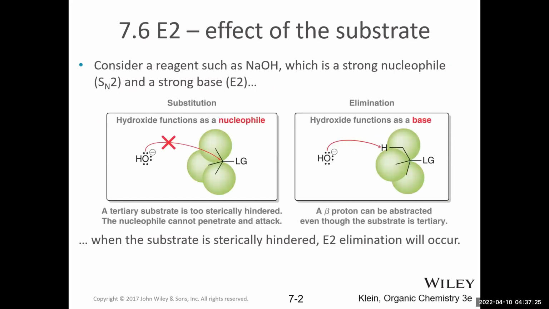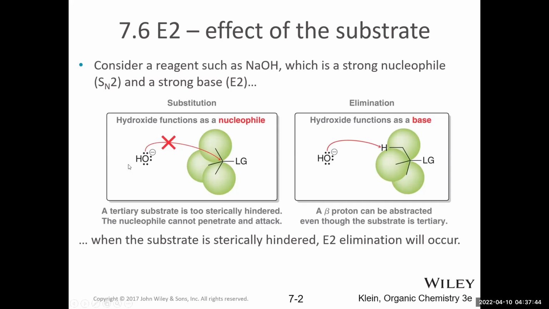So let's consider a reagent such as sodium hydroxide. Sodium hydroxide can actually function as both a strong nucleophile and a strong base, which means it has the potential to do both SN2 reactions and E2 reactions.